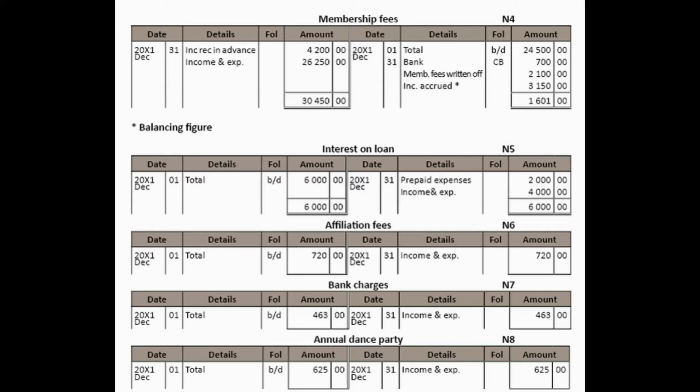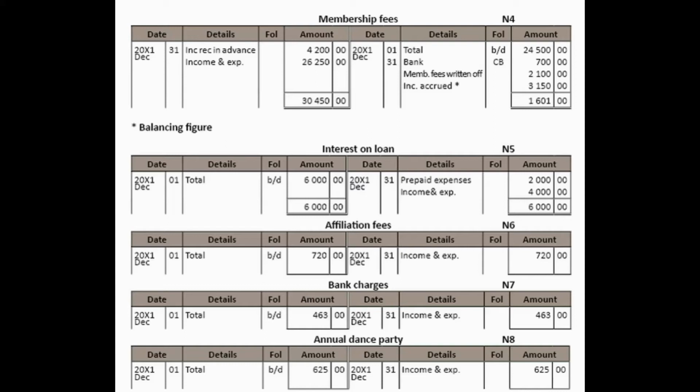I'll just say it once more. They will always give you all amounts but one, or they will not give you one amount, and then it means that you have to calculate that, and that will be the balancing figure in that membership fees account.